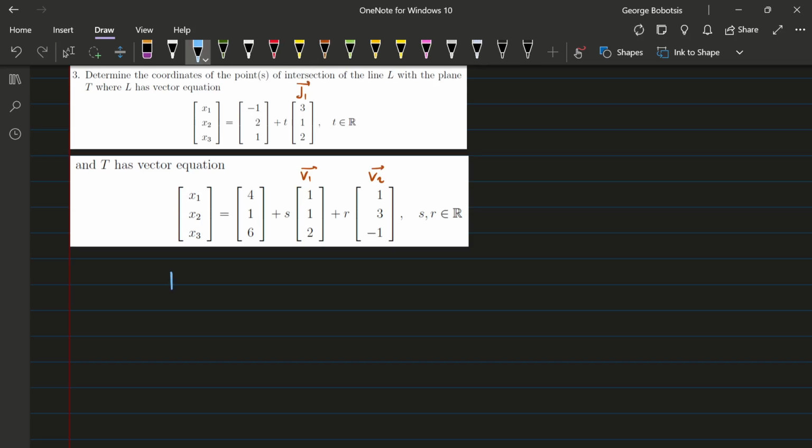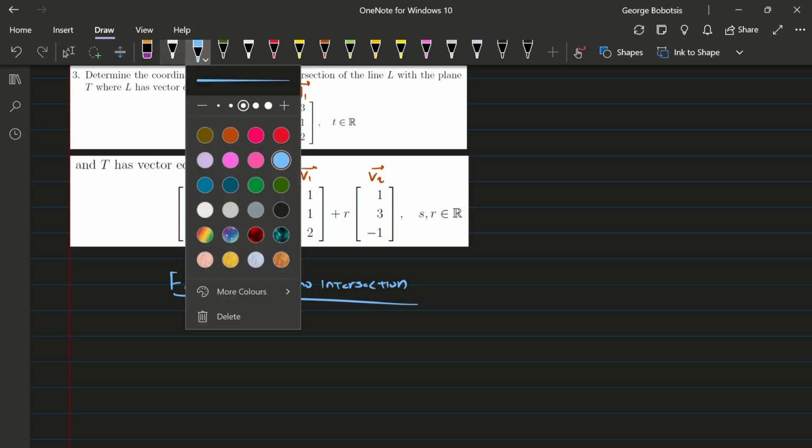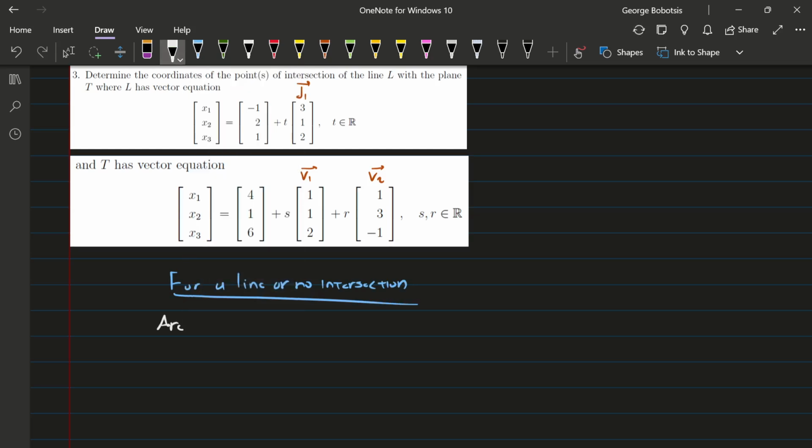So for an intersection that is a line or no intersection, the first check that we have to see is: is D1 equal to a linear combination of the V1 vector and the V2 vector?